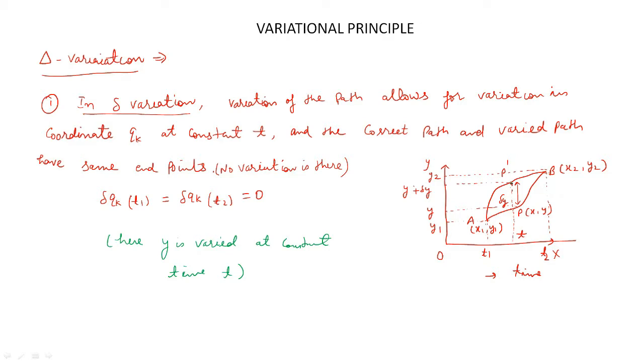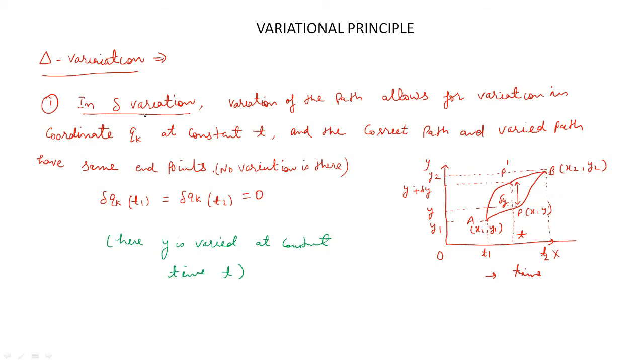But here you can see that at constant time a variation is allowed in the position coordinates or generalized coordinates. You have to note that it is at constant time t. Here when we move from P to P dash, time is constant and position is varied. So this type of variation is known as the delta variation.